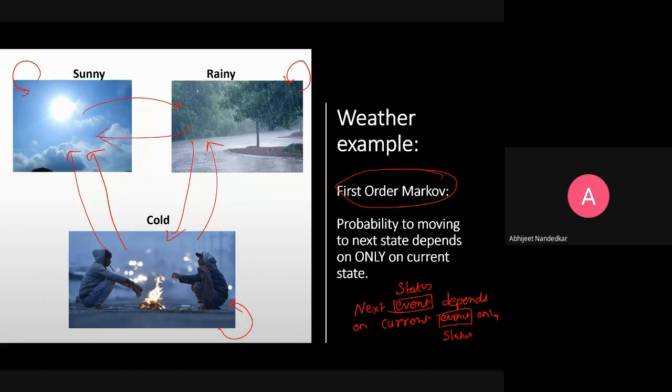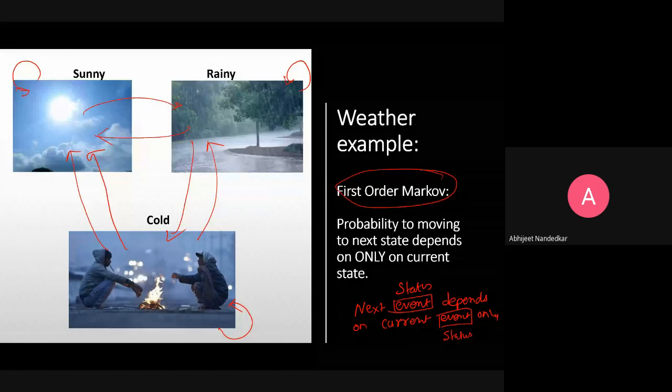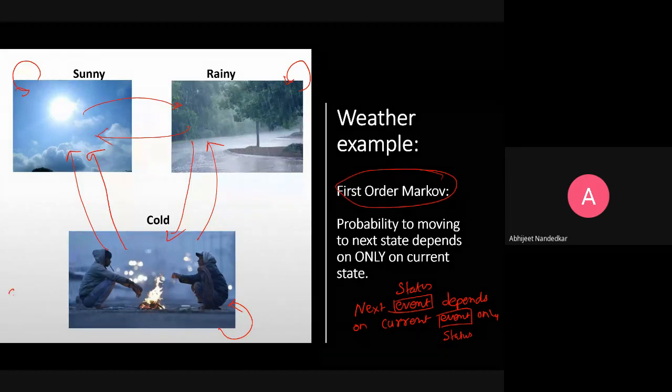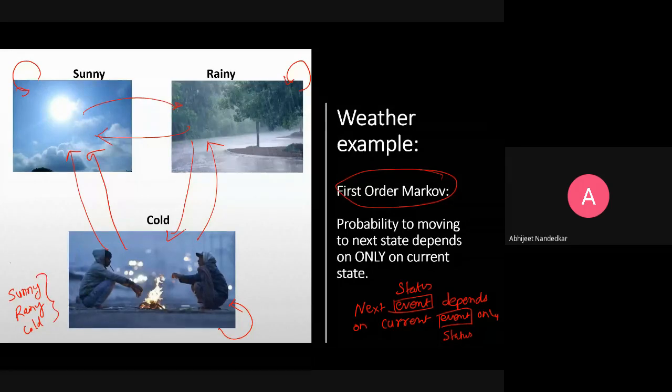So these are the states of our example. We have to predict what tomorrow will be like. We have three states of our system: first sunny, then rainy, and then cold. These are the states of the system or model.